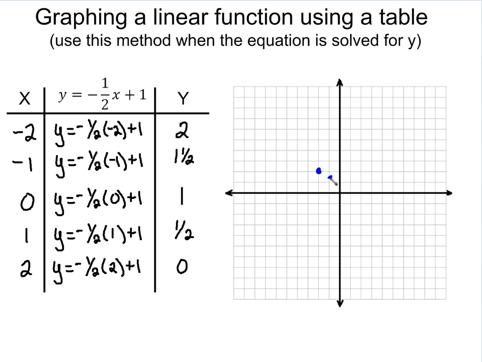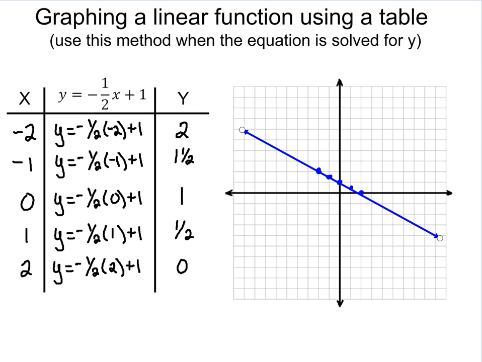So this time when we go up, we're just going to go into the middle of the box. (0, 1), (1, 1/2), and (2, 0). And we're going to connect the dots with a line. And there's my graph for this equation.